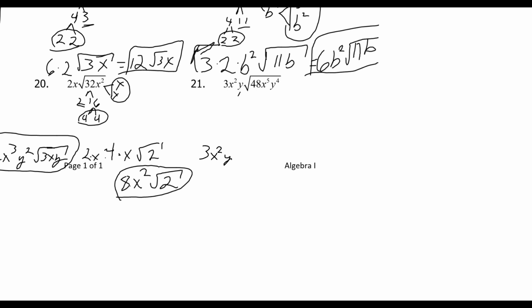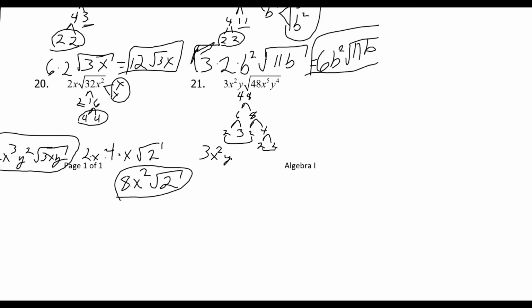So let's go ahead and break apart the 48. So I can break that apart into 6 and 8. That's 2 and 3 and 2 and 4. So that means I'm going to have a 2, that's a 2, and that's a 2.